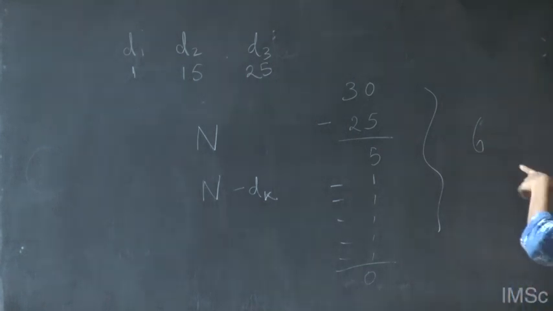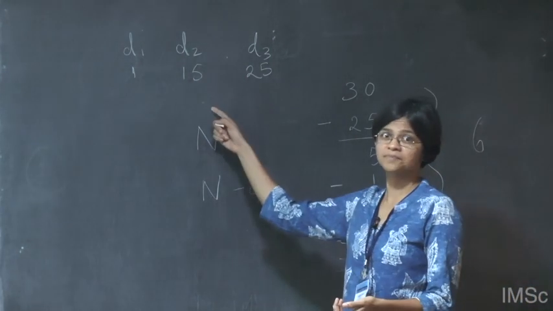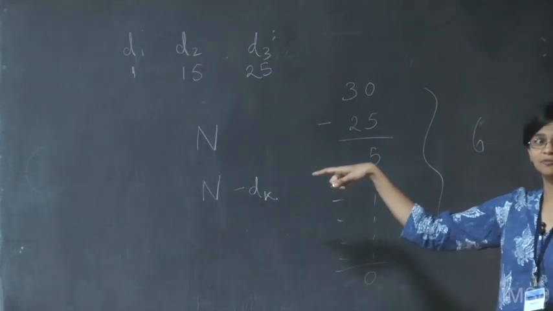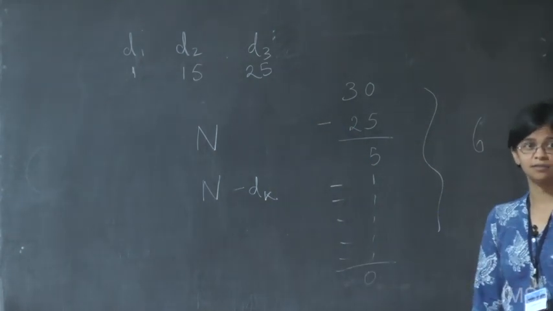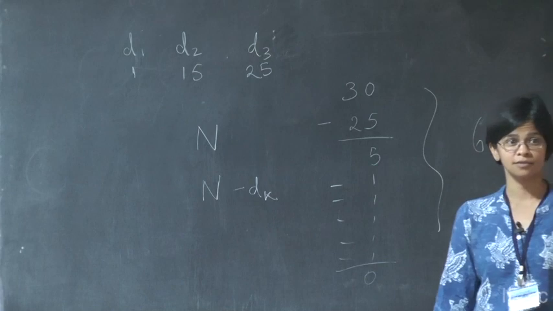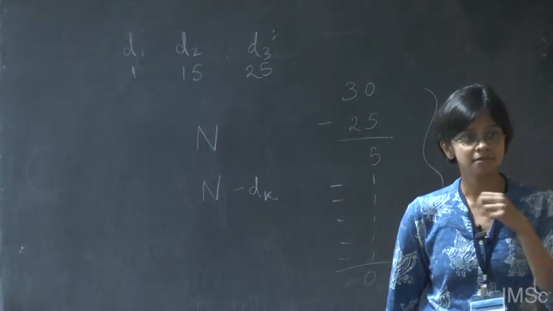And you can do this. How would you then solve this problem? How do you find that the answer is 2 times 15?